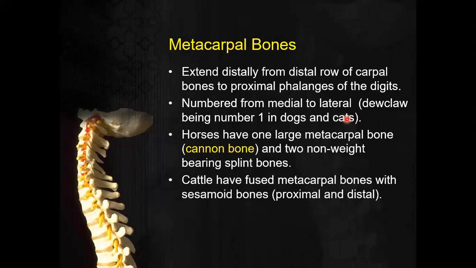Air high five me. I had a student who said, okay, medial to lateral, and technically you're right, this is now medial, but that's not the appropriate placement. It's always air high five. Medial to lateral. And the metacarpals are numbered the same way. This is metacarpal 1, 2, 3, 4, 5.